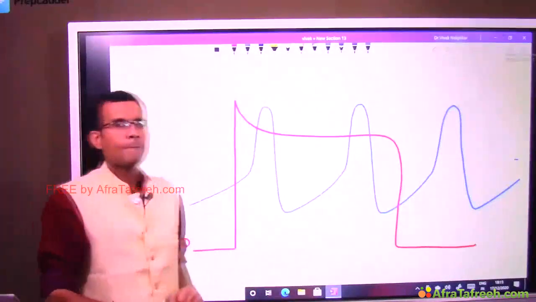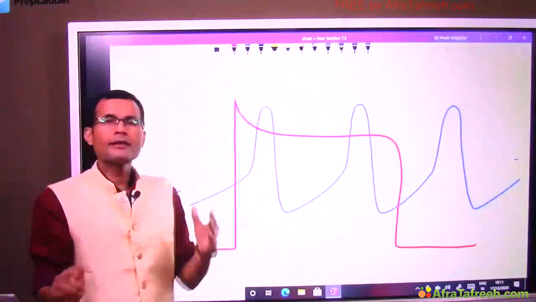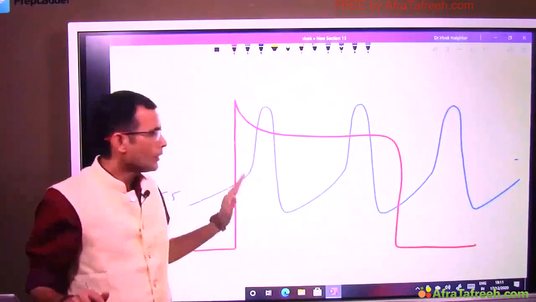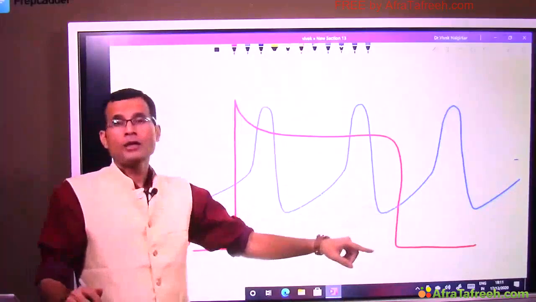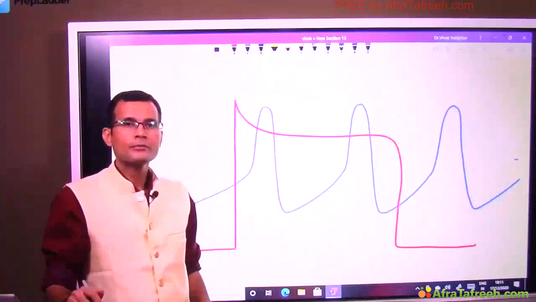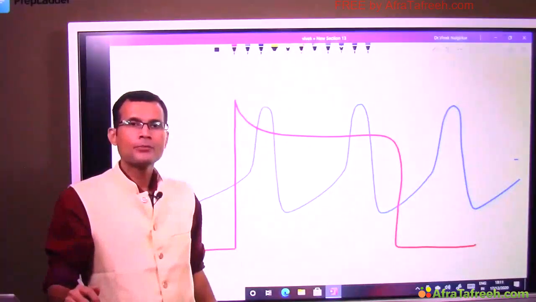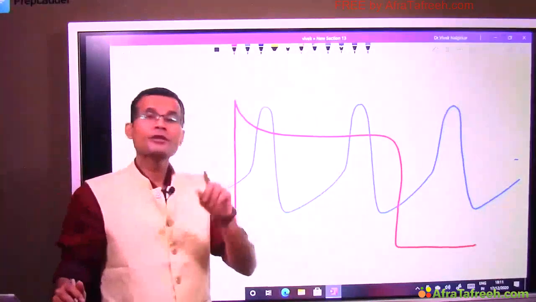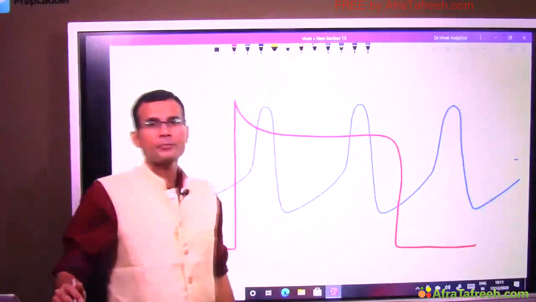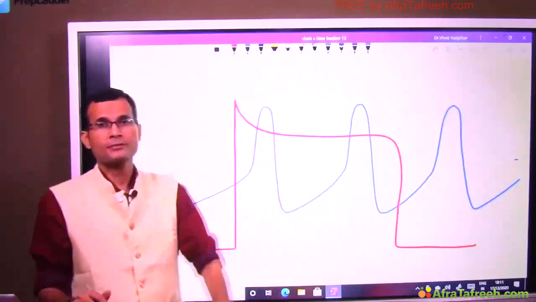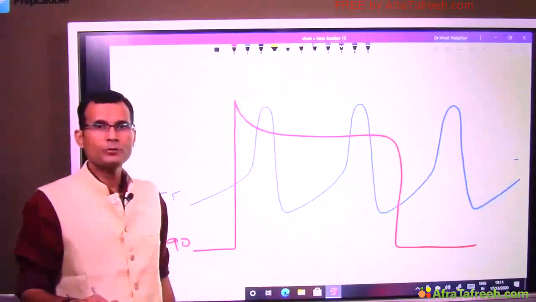Suppose the SA node is generating 80 impulses per minute. All parts of the heart will have to excite 80 times per minute. There are no two ways about it. But they are not exciting with their natural excitability. Their natural excitabilities are less as compared to the SA node.